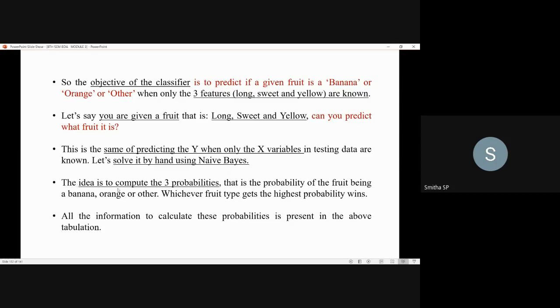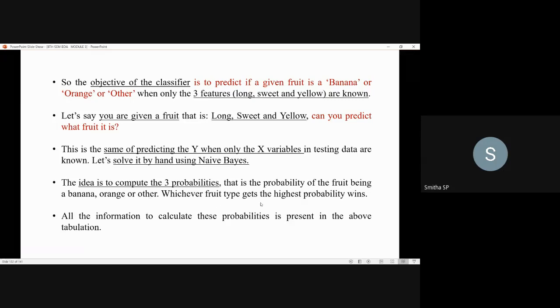The idea is to compute the three probabilities. As I said in the formula, we need to compute the three probabilities. If you compute those, you will get a clear picture of the problem you are going to solve. So the idea is to compute the probability of the fruit being a banana, orange or other.